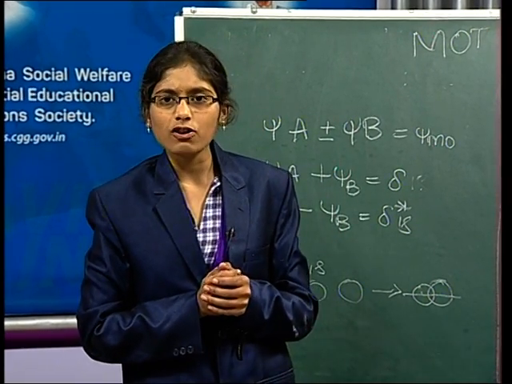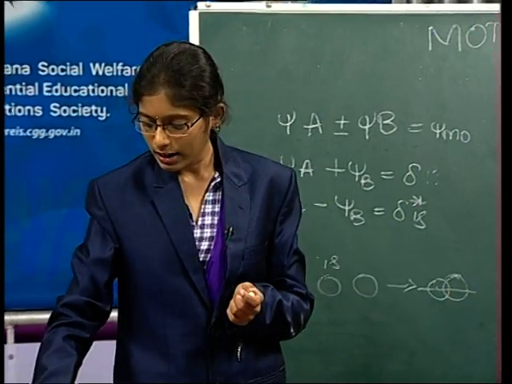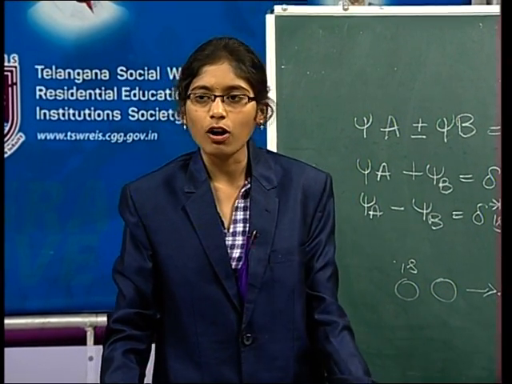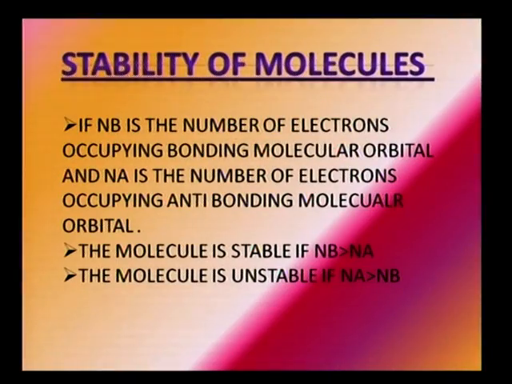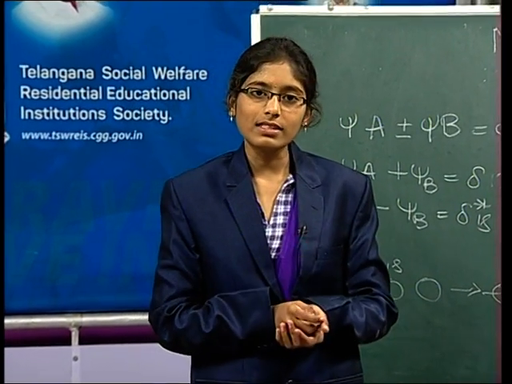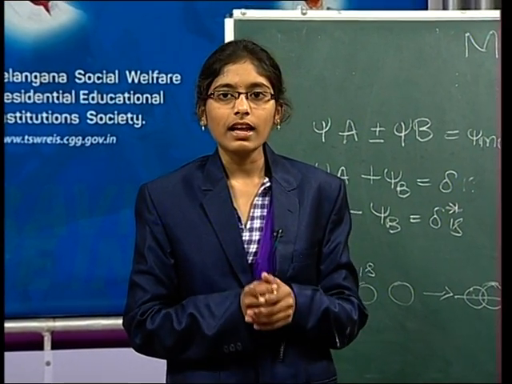What is the stability nature of molecules? Stability of molecules: if Nb is the number of electrons occupying bonding molecular orbitals and Na is the number of electrons occupying anti-bonding molecular orbitals, then if the molecule is stable, Nb is greater than Na. If the molecule is unstable, Na is greater than Nb.